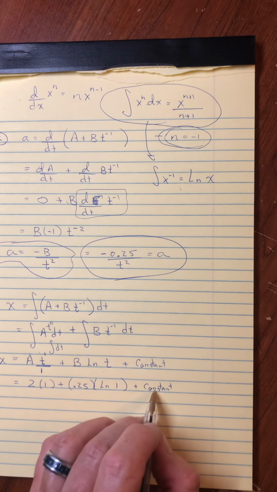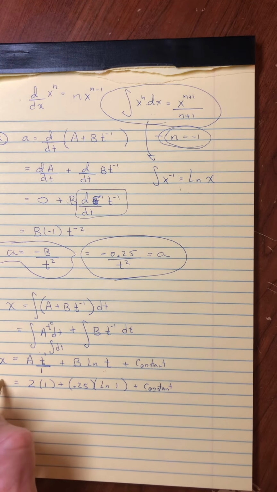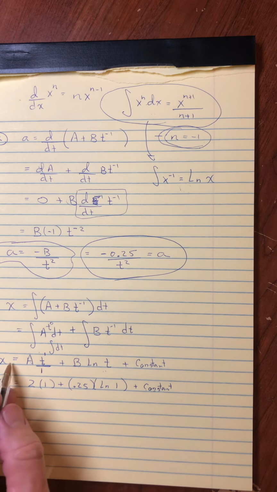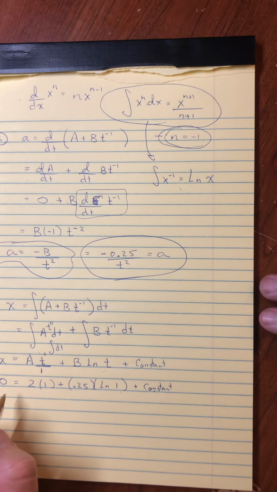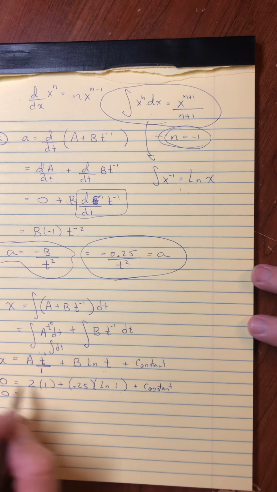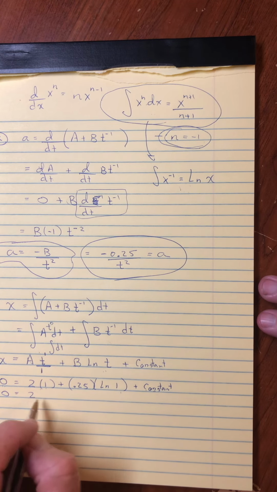You can then figure out this constant, because they say go ahead and assume that at 1 second, so I put in 1, the position is 0. And so now we can actually get this constant. So 0 equals, and obviously 2 times 1 is 2.